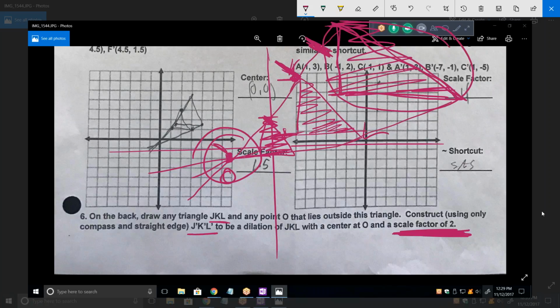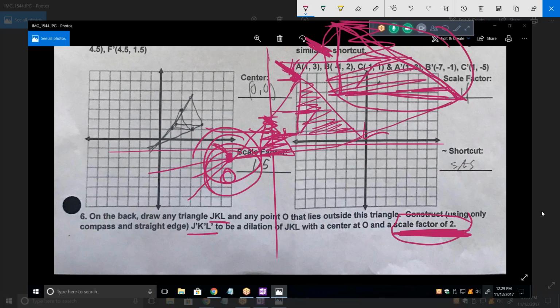Well, if I'm projecting onto this screen, I get that area. If I go further away and project onto that screen, I get that area. If I go closer, I get this area. So the fact that our scale factor is 2 means I need to move further away from the center of dilation.